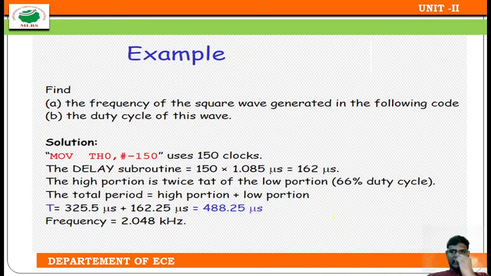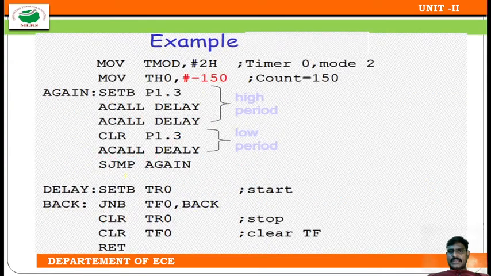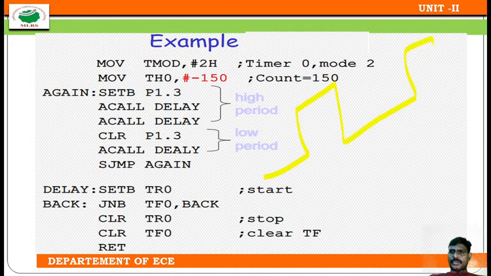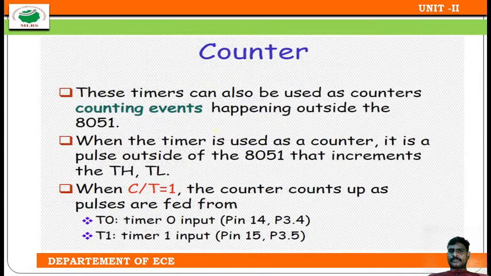The delay of the subroutine is 162 microseconds and 66% duty cycle, so that gives the frequency. So these are the values I need to load, and the same programming for high period and low period, because here I am not generating a square wave, I want to generate a rectangular waveform, so I am writing different things. Sometimes it goes for one time period and other times another time period.